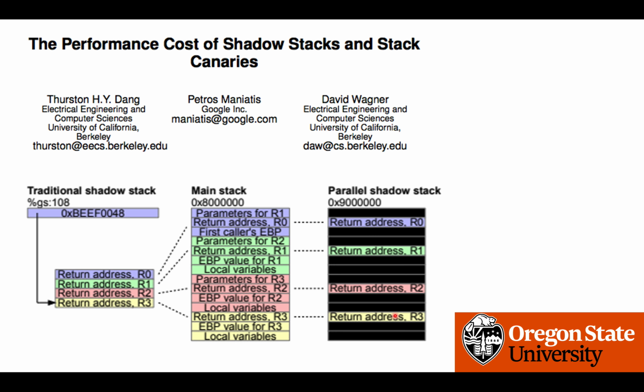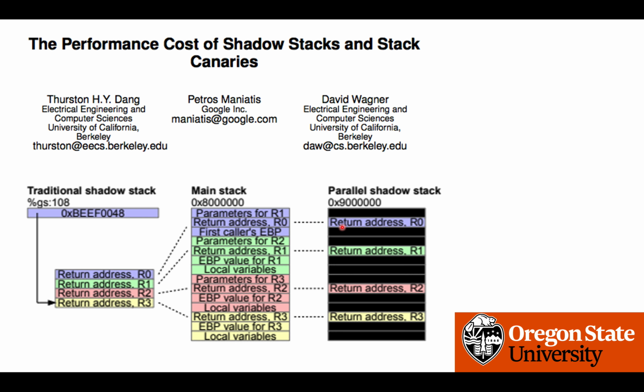By using this kind of simple scheme, having a duplicate shadow stack at a fixed location, a fixed distance from the main stack, the authors had around 3.5% performance cost on average. So we can protect the return address from any kind of attack.